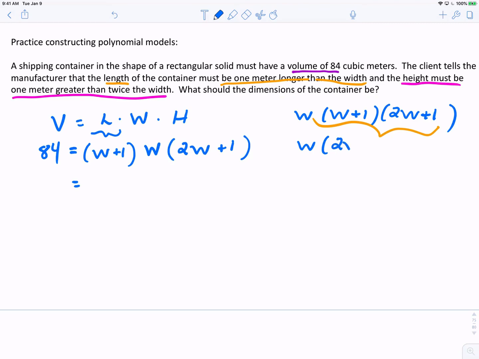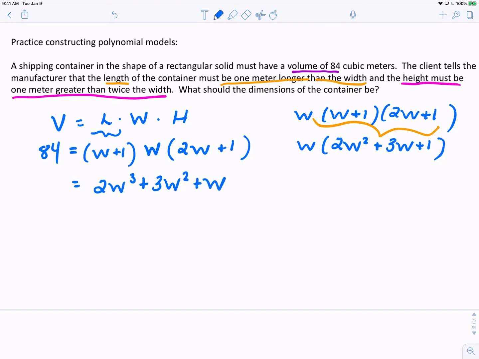That would give us 2w squared plus 3w plus 1. And finally, multiplying all those by w gives us 2w cubed plus 3w squared plus w.